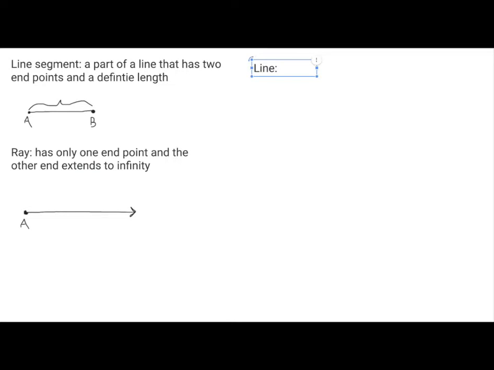Another definition that we should be familiar with is the line. A line is kind of like two rays put together. So a line has no endpoints and it's infinite in length. So it's like two of these rays here.